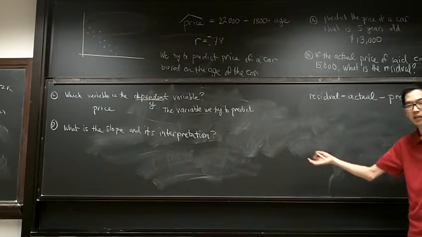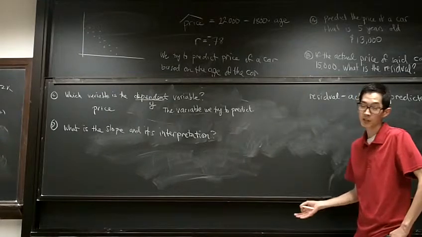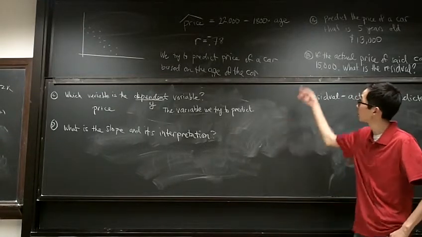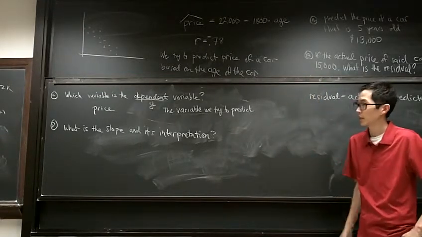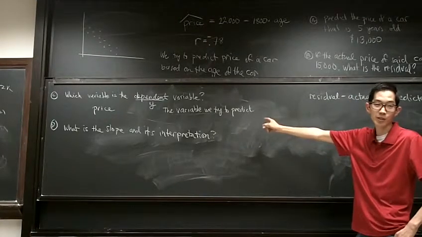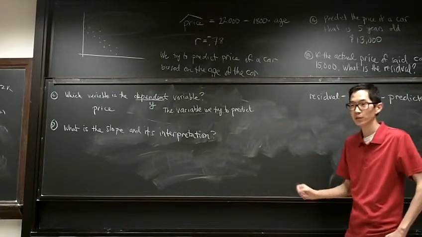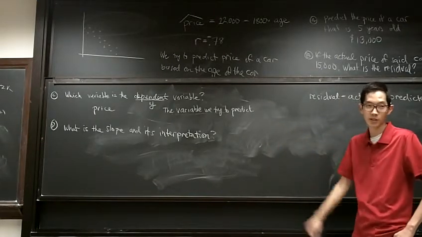And on the flip side, the independent variable would be age, and that is the variable we don't try to predict, but we use to predict. We use age to make the prediction.